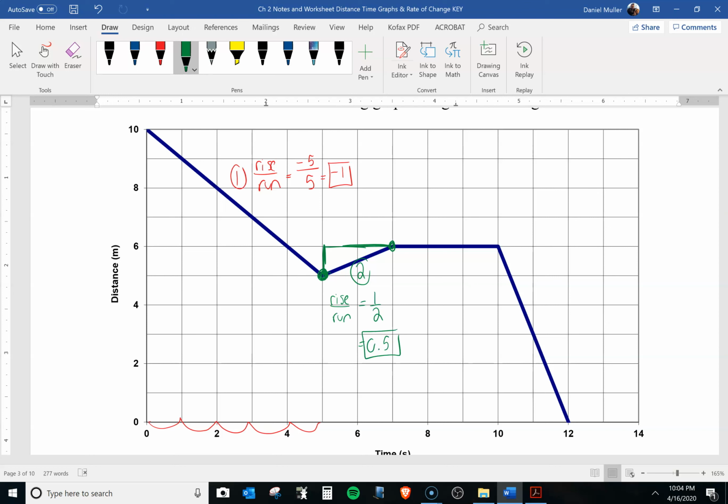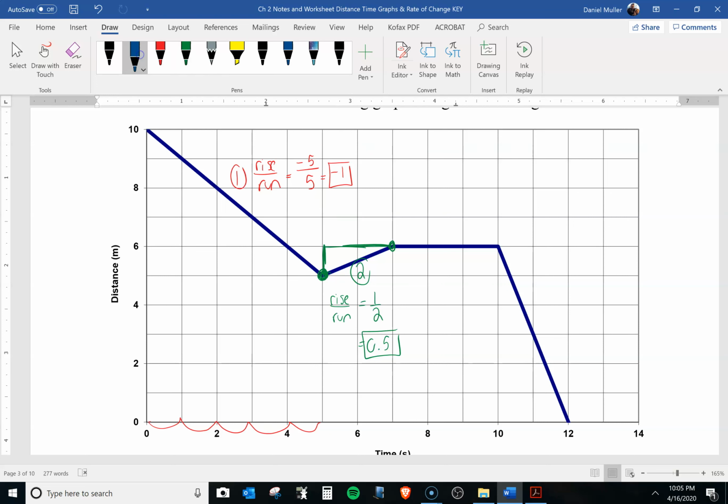So if we had to compare 1 and 2, I would say 1 is faster. Even though it's negative, that doesn't tell us about the steepness. It tells us the direction, but it doesn't tell us the steepness. The steepness is 1, and that's a higher number than 0.5.